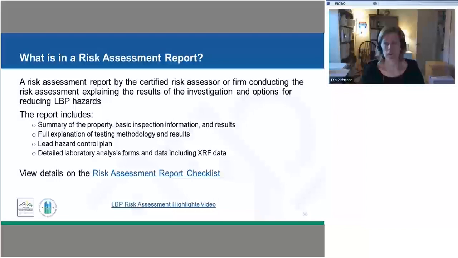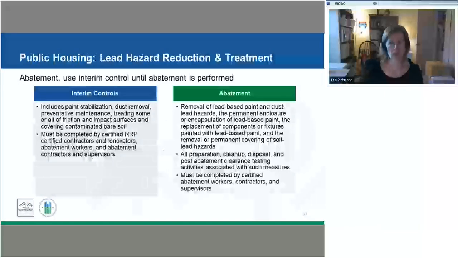All right, and then we get into treating. If there were lead hazards identified, what was the treatment that was going to be done? So that was either going to be abatement or interim controls. So we would want to have certification of the personnel who were completing the hazard reduction. We'd want to have acknowledgement that the RRP pamphlet was handed out.